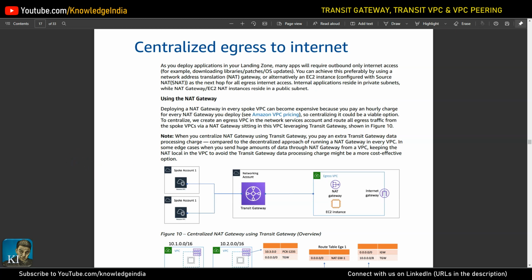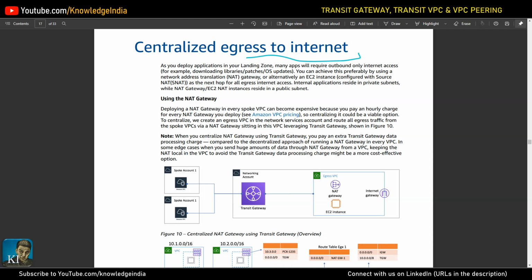What does that mean? It means that you can actually go ahead and just use a central VPC to send out all the data out to internet. So consider that you have got, let's say, 4 or 5 VPCs, and some traffic needs to go out from all the VPCs to internet.